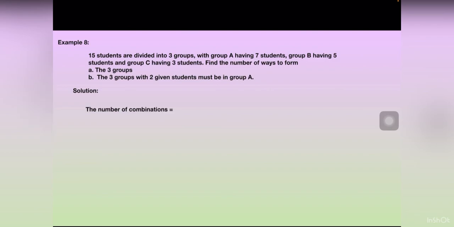Number of combinations: we have 15 students divided into 3 groups. We need 7 students for Group A. 4 are already taken, so we have 11 choose 3. Times 15 minus 7, we have 8, choose 5, because Group B has 5 students.